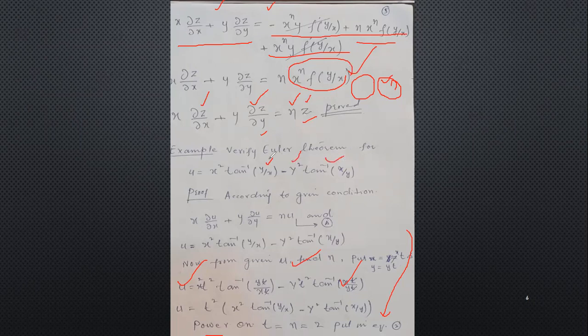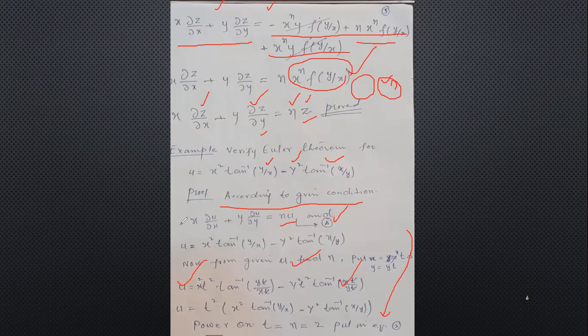We have to prove Euler theorem. So according to the given condition, Euler theorem is x into the partial derivative of u with respect to x plus y times the partial derivative of u with respect to y equals n into u. Consider it equation number A.